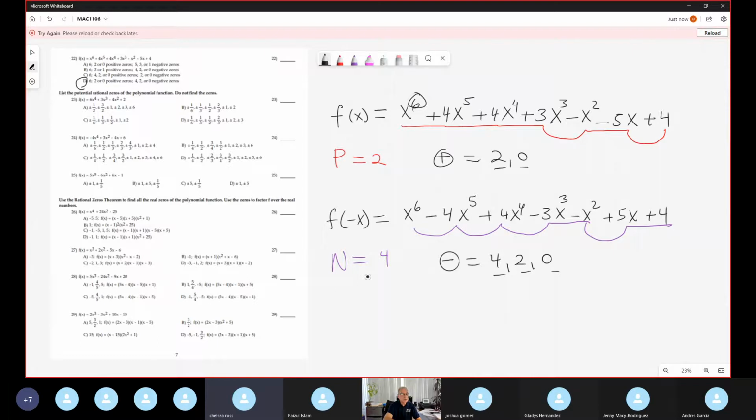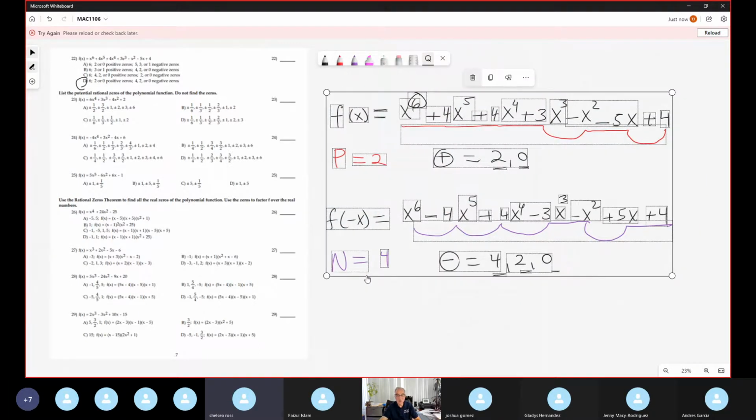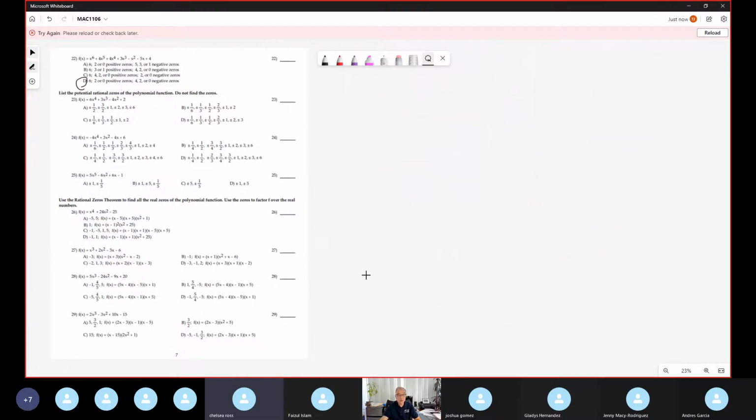Okay, let's move on to listing the potential rational zeros. Remember, the theorem of the rational zero is not 100% true. It's hypothetical. Maybe it's one approach that you predict something, but not always is true 100%. But okay, so the problem is just listing.